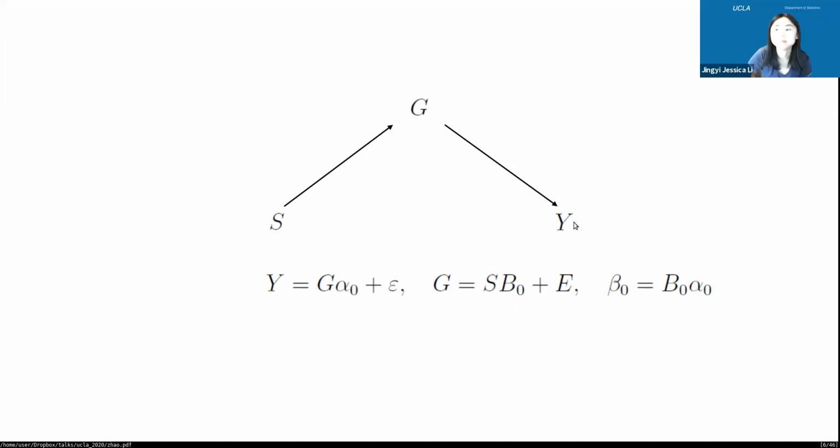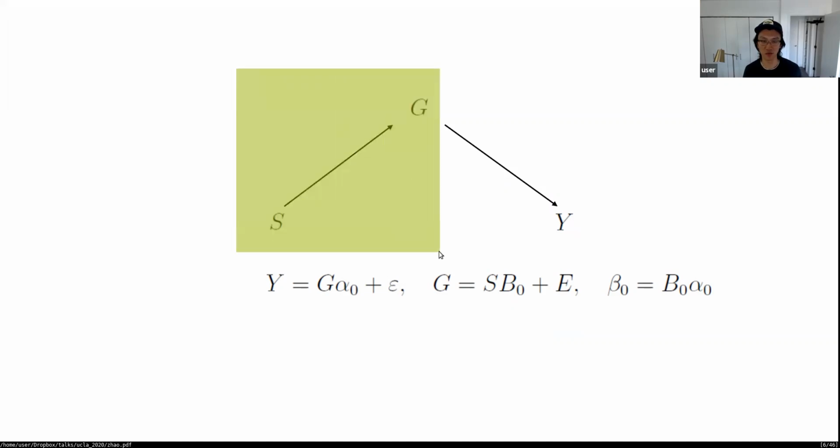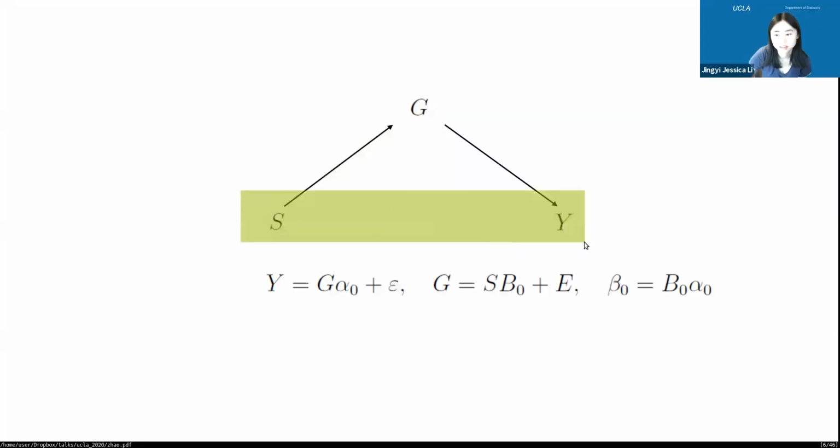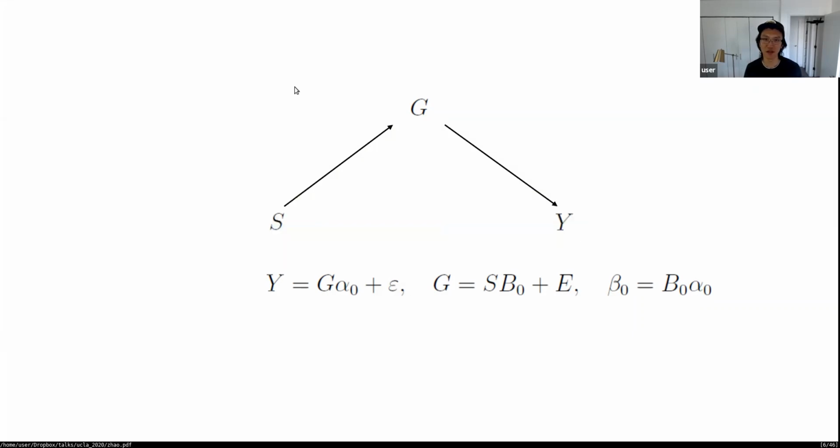Their data structure has one data set where you have genotype data and gene expression data, like an eQTL data set such as GTEx. Then they have another data set where you have a GWAS, where you only have genotype and phenotype. And my understanding is the purpose of TWAS, with that data structure, is that I still want to have this association.